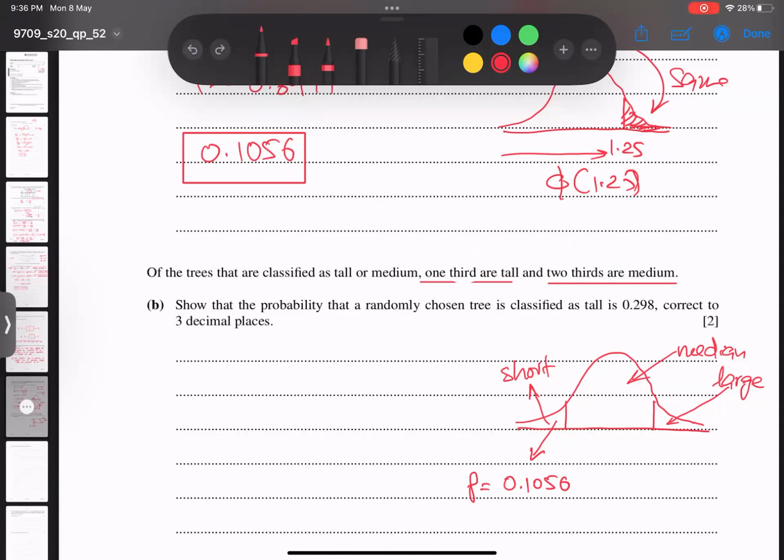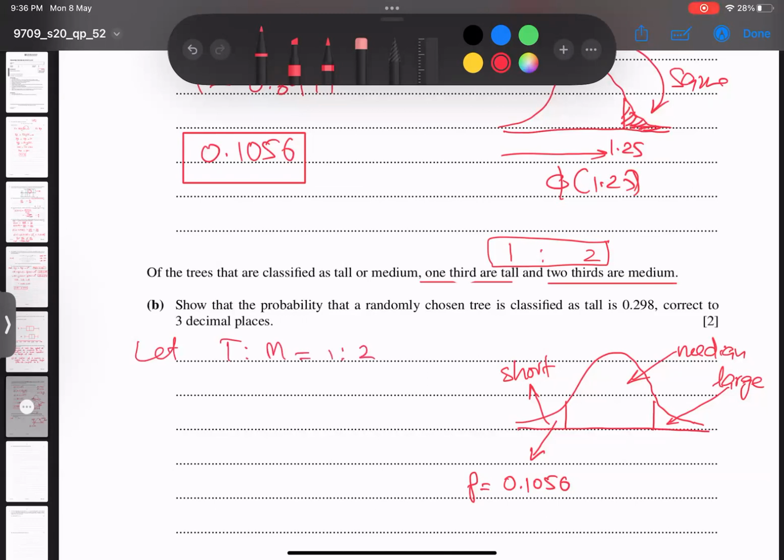So I'm writing it out here. This is 1 and this is 2, so 1:2. Whenever a ratio is given, I can multiply by one common number. So let's say tall to medium is 1:2.